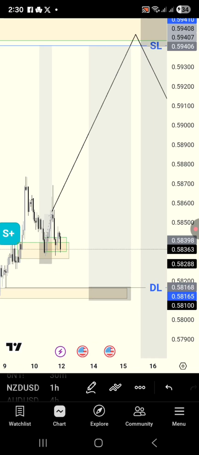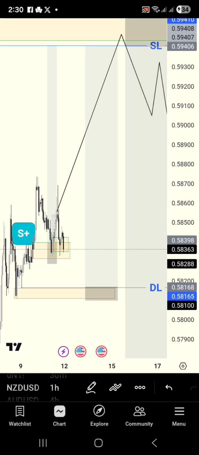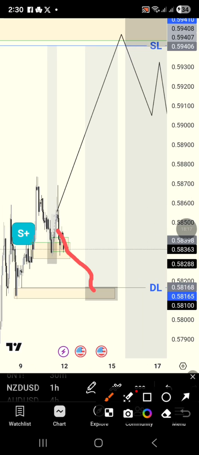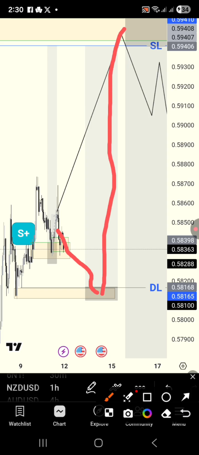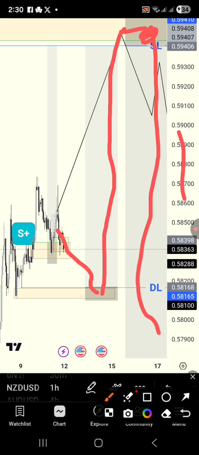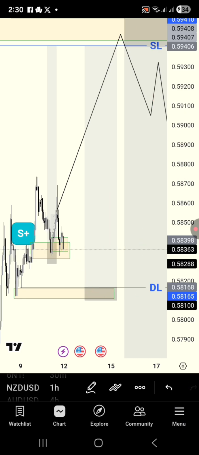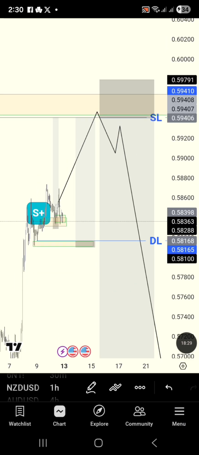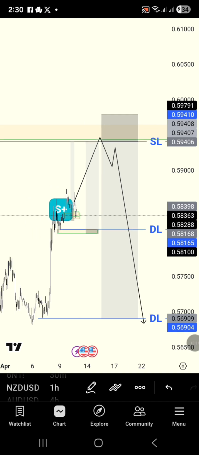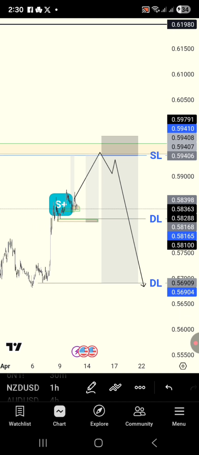Or if it should break it, I expect it to come to this lower zone and continue from here, then from here we have a drop all the way down for that daily liquidity below. So I hope you are able to understand this explanation, right?